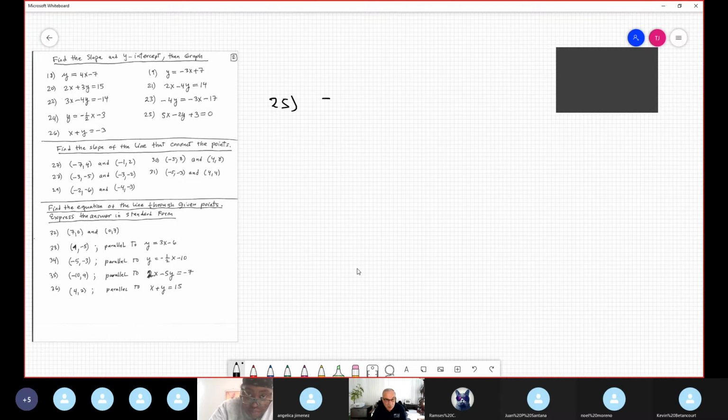Okay, good. 25 is 5x minus 2y plus 3 equal to 0. This is a totally disorganized equation. I need to manipulate it in order to express it in slope-intercept form. What should I do? Well, solve for y. So you need to manipulate in order to isolate.